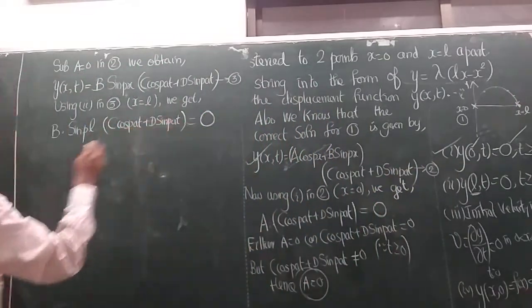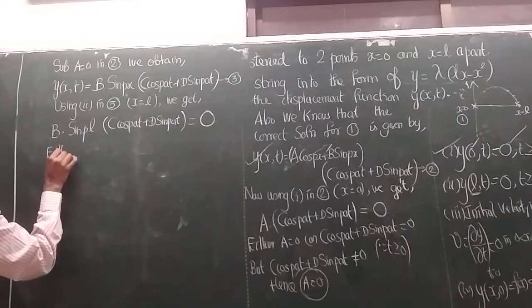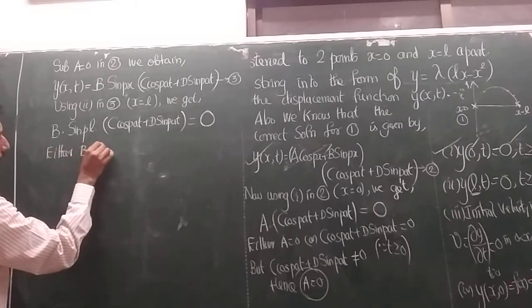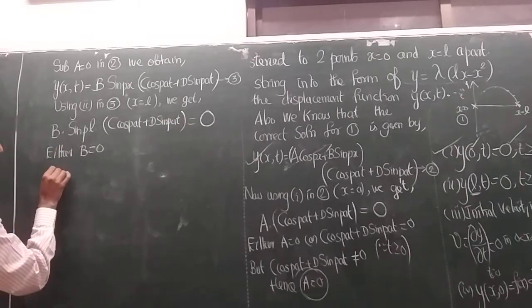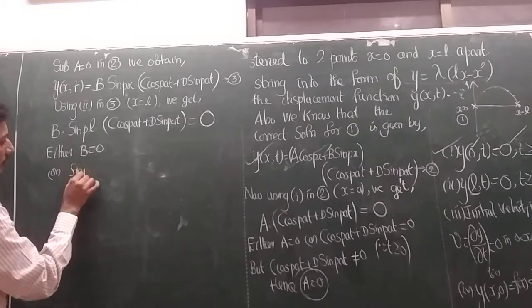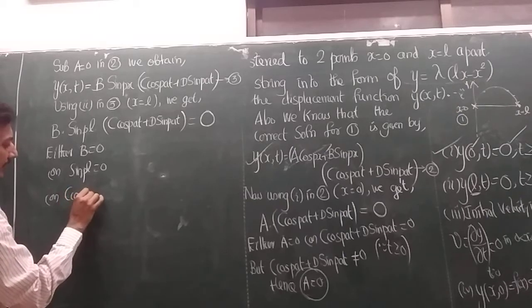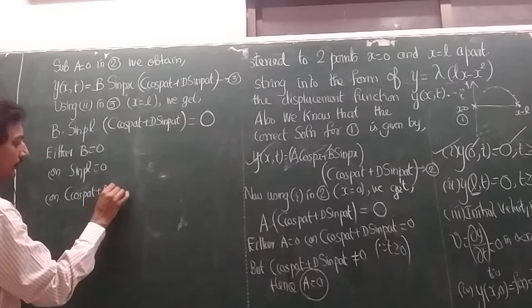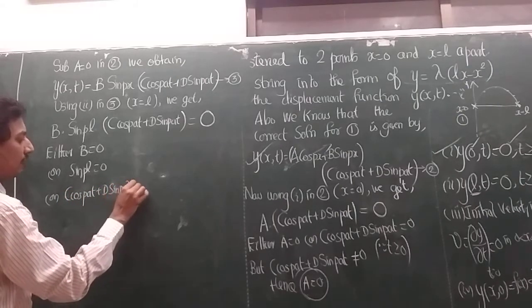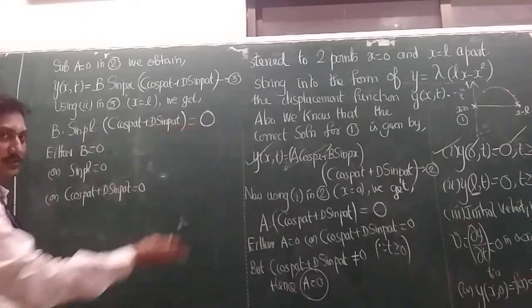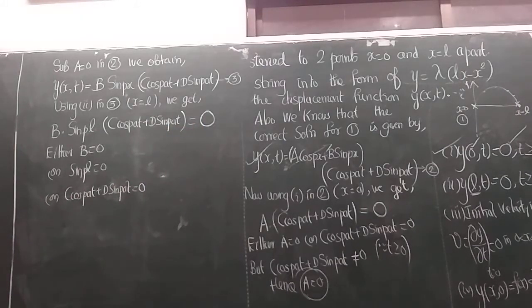So the product of these three equal to 0 means either b equal to 0, or sin pL is equal to 0, or c cos pat plus d sin pat is equal to 0. Isn't it right? The product of these three values is 0, so any one must be 0.